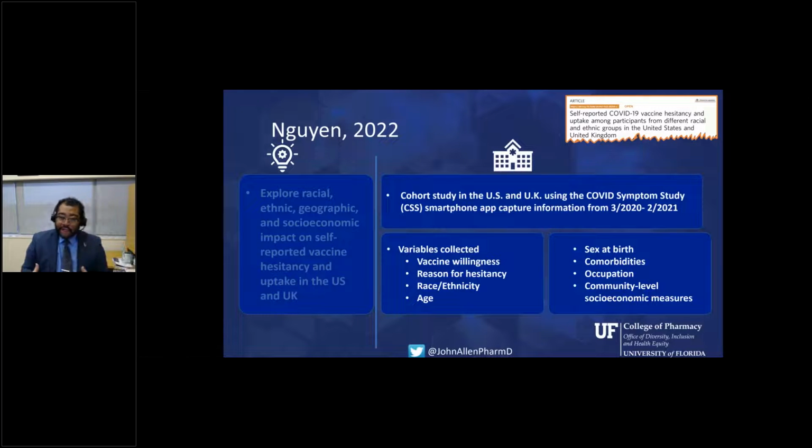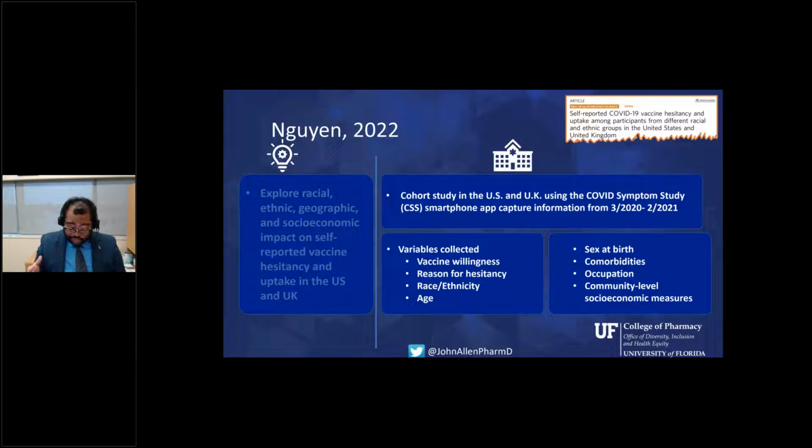It was a cohort study that used the COVID Symptom Study or CSS smartphone app to capture information from the beginning of the pandemic, March of 2020, through the initiation of vaccine rollout, which was February of 21.